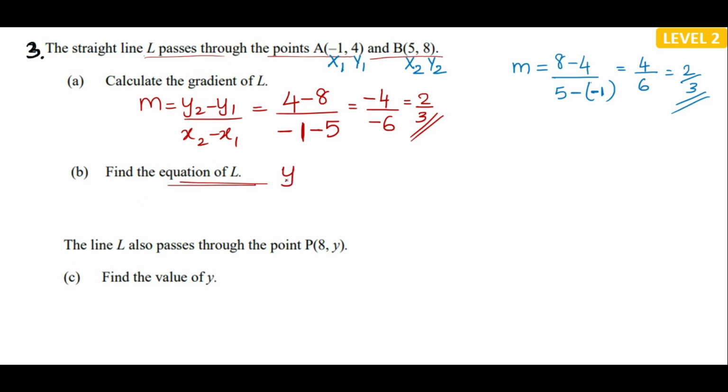Now again, equation means y equals mx plus c. You already have found the value for m, which is 2 over 3. Now the challenge is to find c. Now let me give you the key steps to find c.